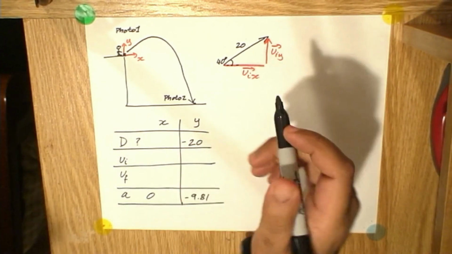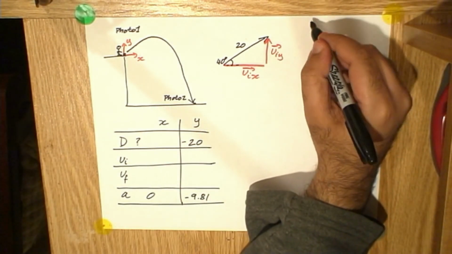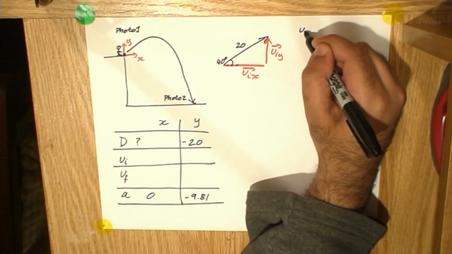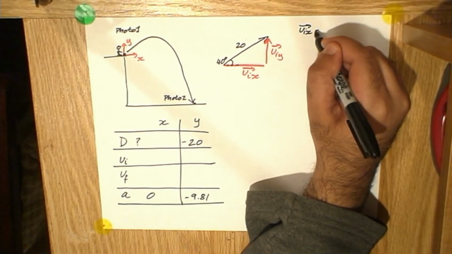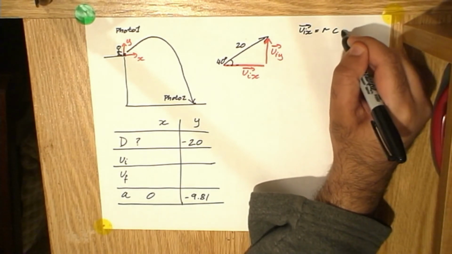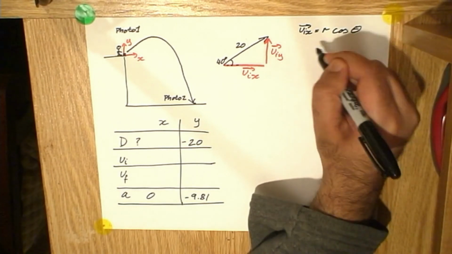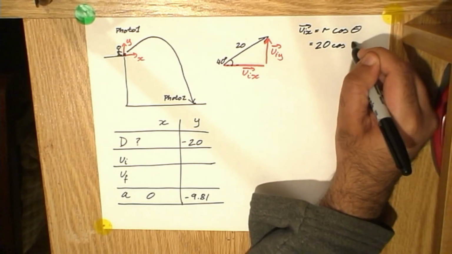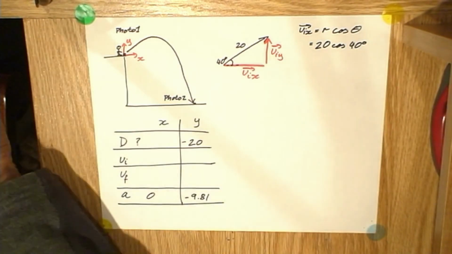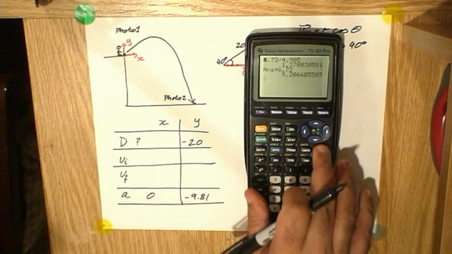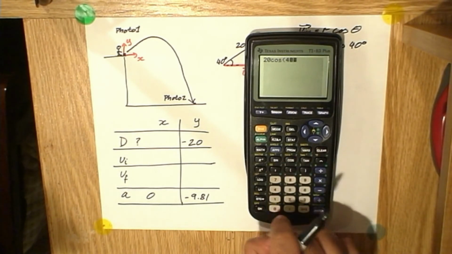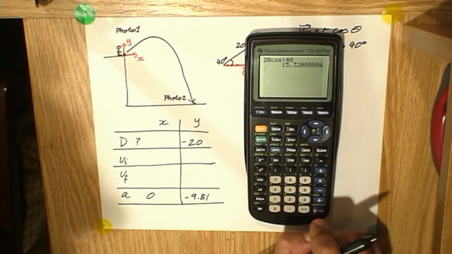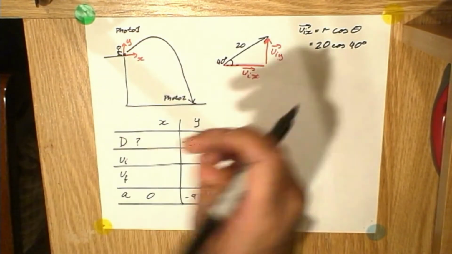Let's start. In the x direction, the velocity would be given by r cos theta, which is equal to 20 cos of 40 degrees, which is 15.32 meters per second.